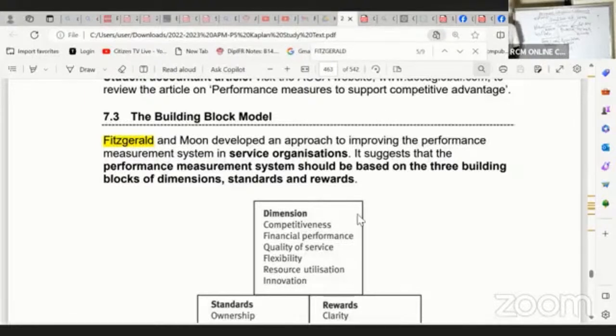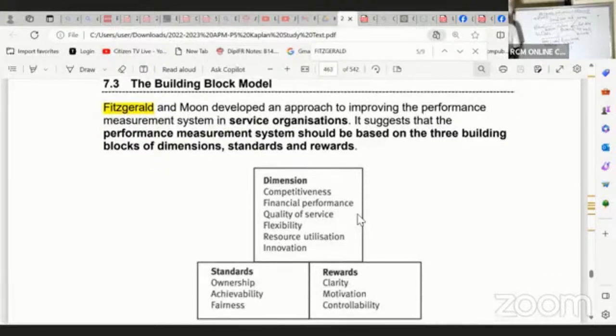So you can see, like for those of you who are building some house, it could be a block house. So you've got 3 blocks there. The first one is standards. The second block is called rewards. The third block is called dimension.